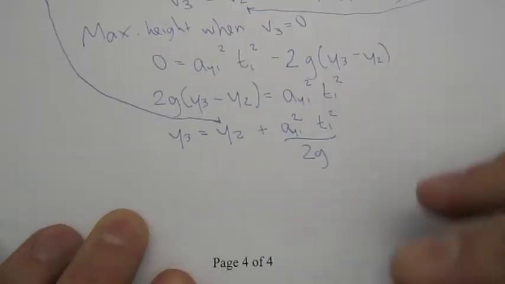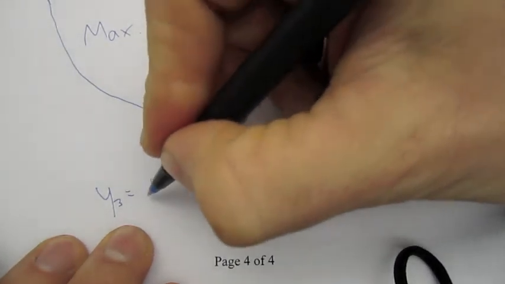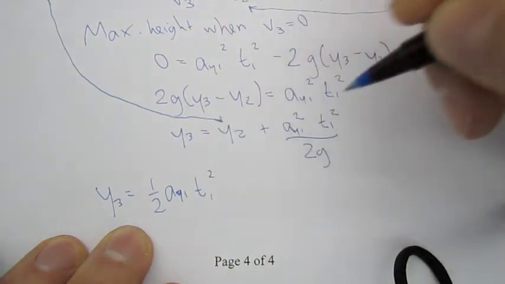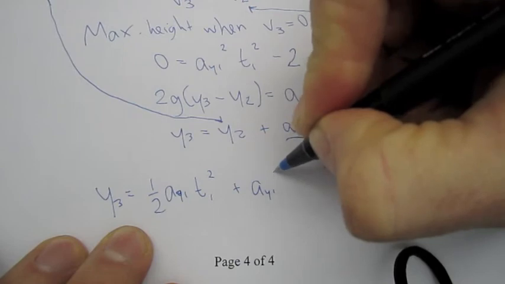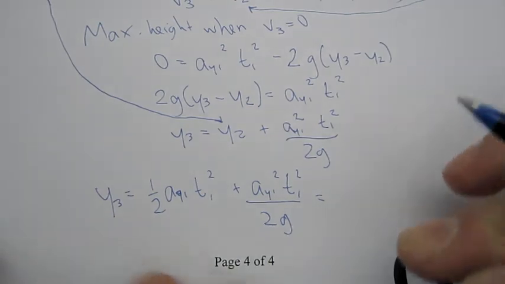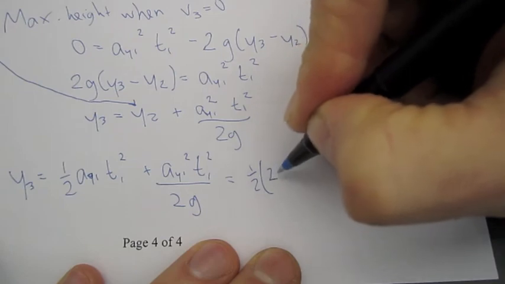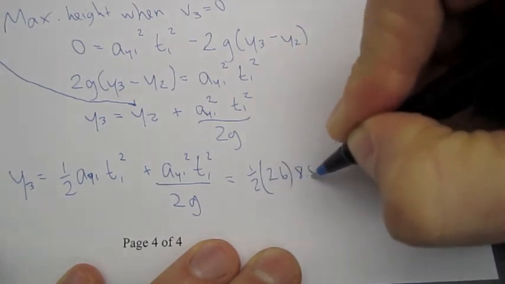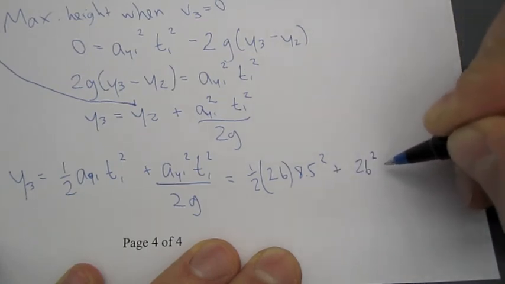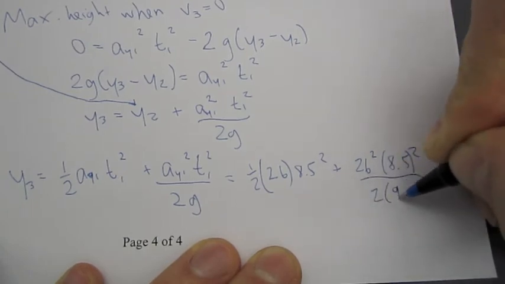So y3, the final height, is equal to 1/2 ay1 times t1 squared plus ay1 squared times t1 squared divided by 2 times g. That is equal to half times the 26 times the 8.5 squared plus the 26 squared times 8.5 squared divided by 2 times 9.8.